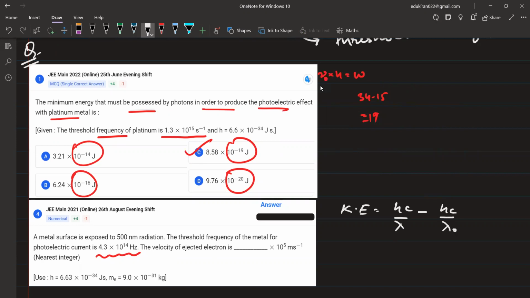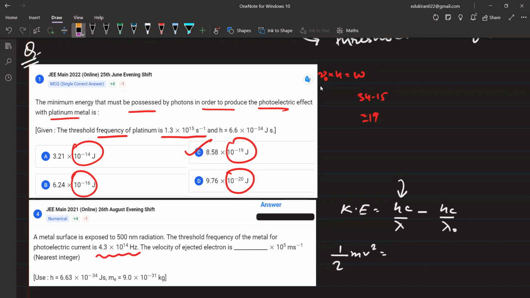Okay, the kinetic energy will be your half mv square. Okay, hc upon lambda, this corresponds to the radiation, right? So how much will the radiation on the metal surface be? hc upon lambda is 500 into 10 to the power minus 9. What did we say hc was? What is h?